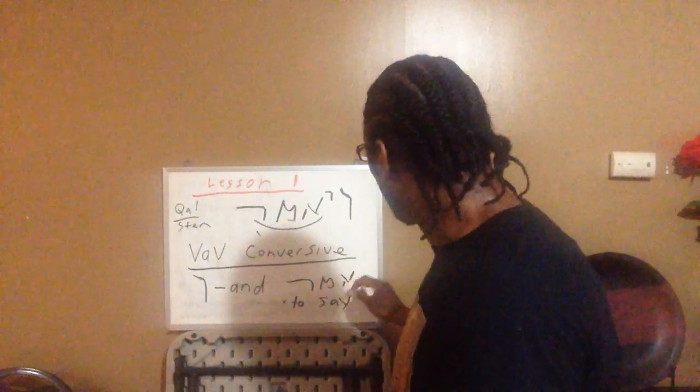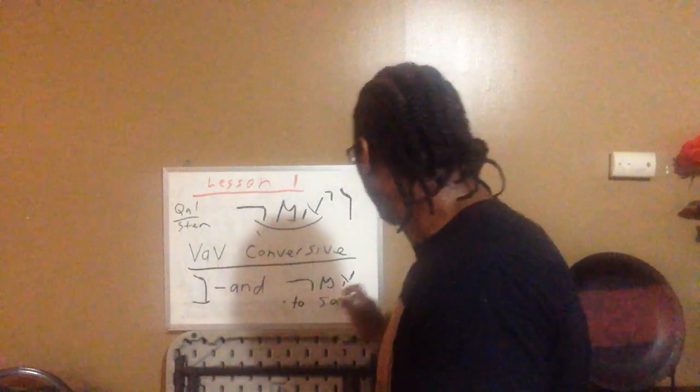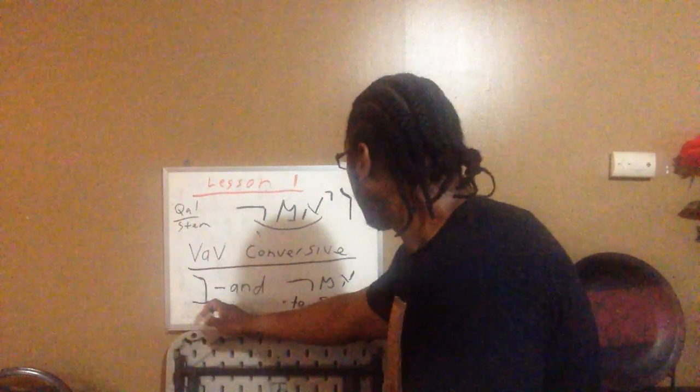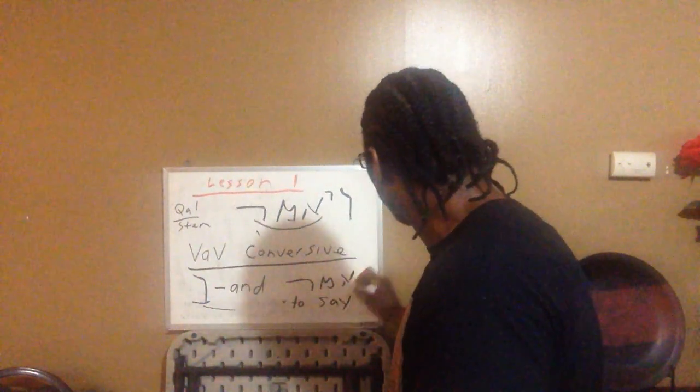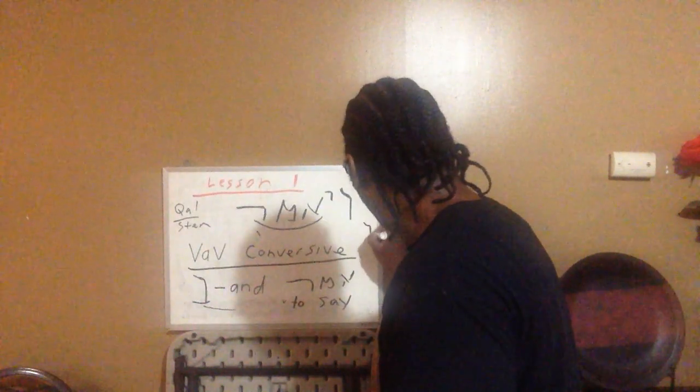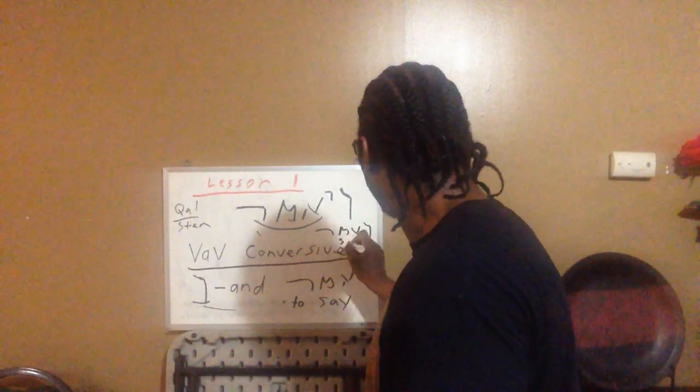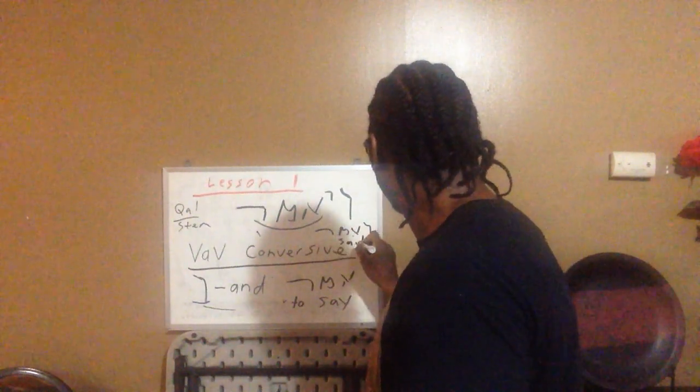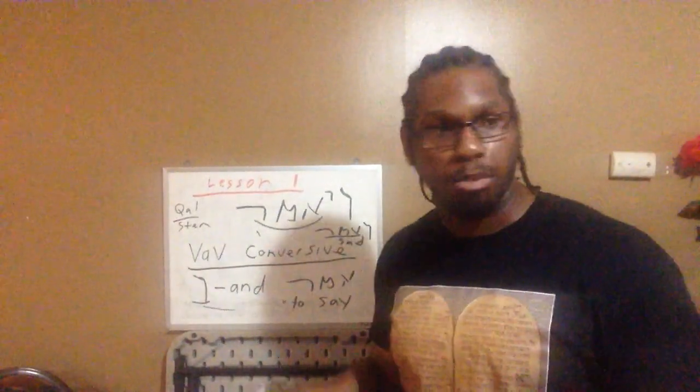Now, when you add a vav to it, it's said, and, this means and, so it'll be like this, and said. So it converts like the present tense to the future.